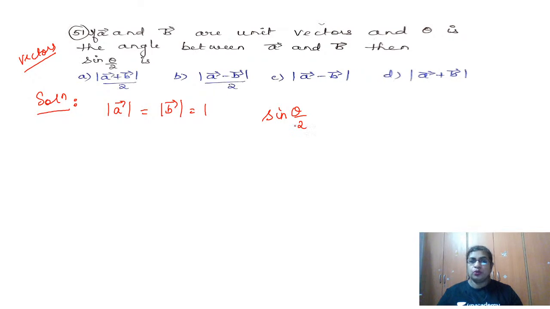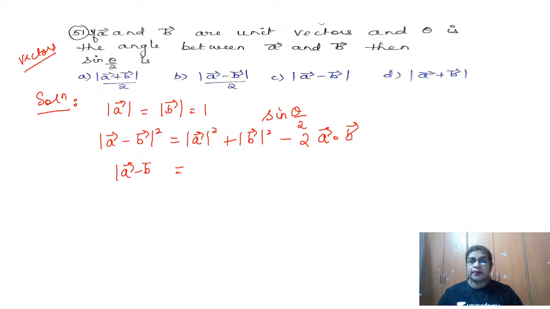Sine theta by 2. How do I work it out? I want sine theta by 2. So what is the magnitude of A minus B the whole square? It is A square plus B square minus 2 A dot B. Here 1 plus 1.